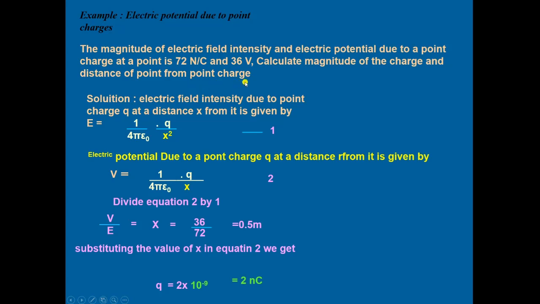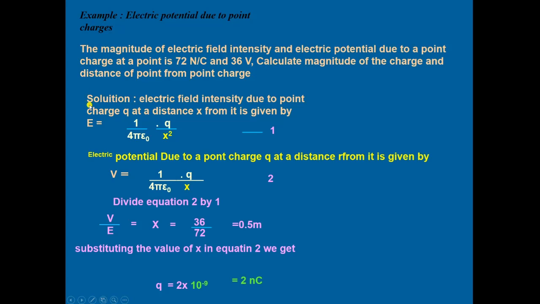Listen carefully: the magnitude of electric field intensity that is given is 72 Newton per Coulomb and the electric potential due to the point charge that is given is 36 volt. What we have to calculate is the magnitude of the charge and the distance of the point from that charge.